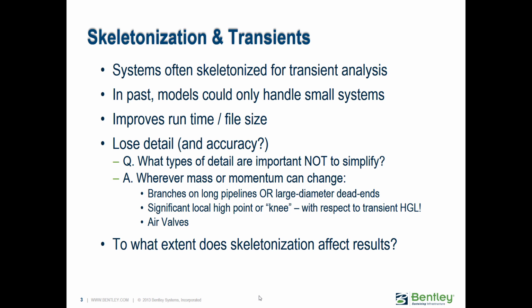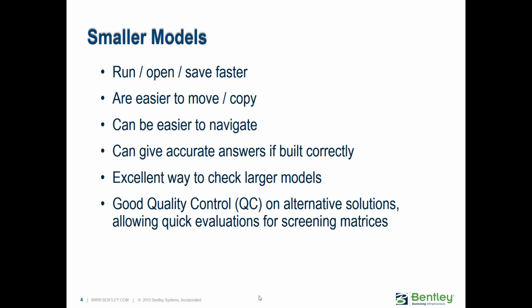Any little local high points where you're most at risk of experiencing negative pressure or possibly sub-vapor pressure, you want to make sure you don't remove in the process of skeletonizing. If you did, you could be missing a potentially significant vapor pocket that may be forming and then collapsing, as we saw before.